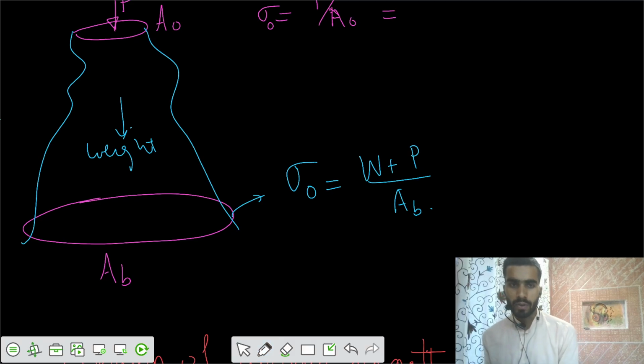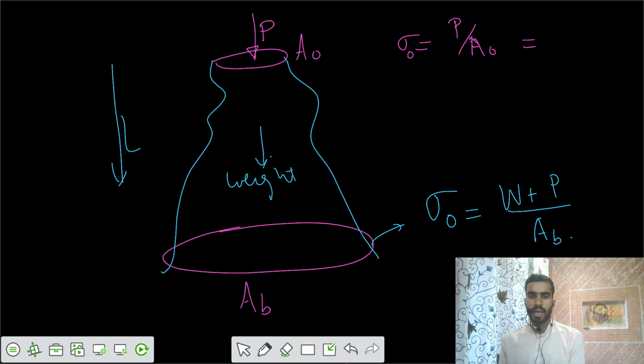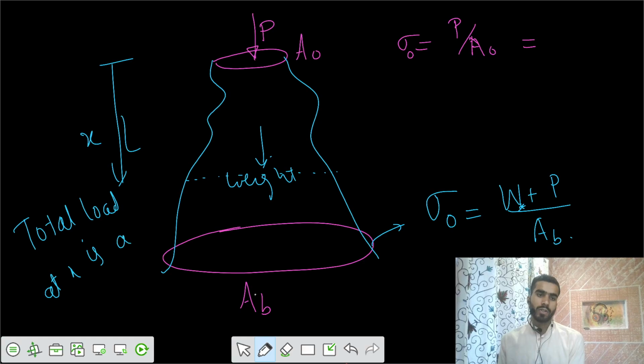So I have to take, because at each value of x, your load at x changes. So the total load at any x is a function of P, that's constant, comma, and the weight at any x. So weight is variable at any x.